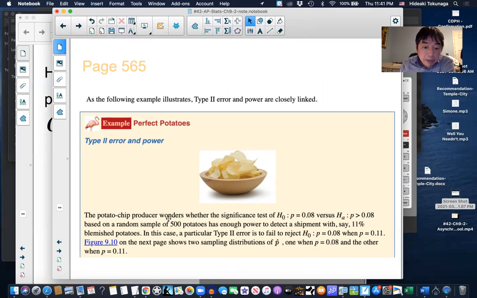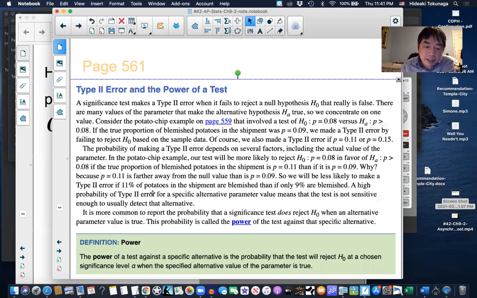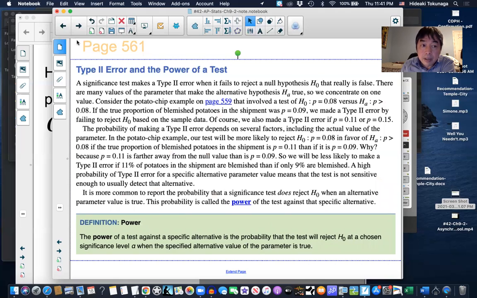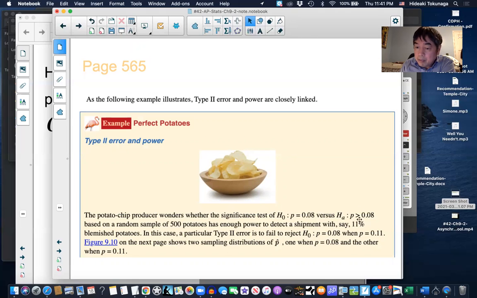The potato chip producer wonders whether the significance test, null hypothesis p equals 0.08 versus alternative hypothesis p is greater than 0.08, based on a random sample of 500 potatoes, has enough power to detect a shipment with, say, 11%. So they want the probability of this power when it is 11%.